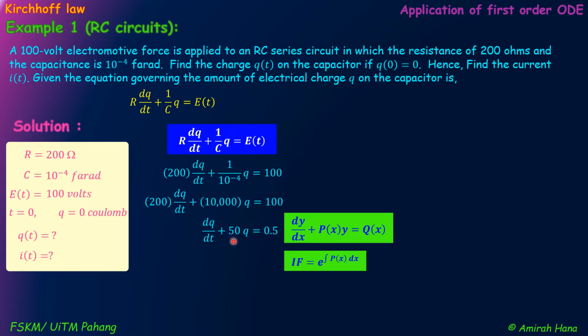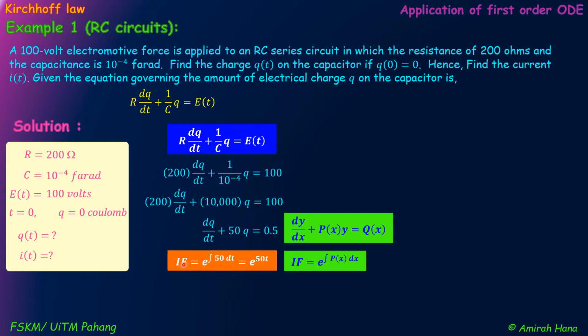P(x) means P(t), which is 50, and Q(x) means Q(t), which is 0.5. To find the IF, we use e to the power of the integral of 50 dt, integrating with respect to t. After we integrate 50 dt, we get e to the power of 50t.